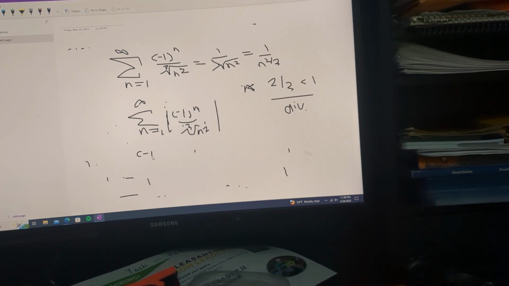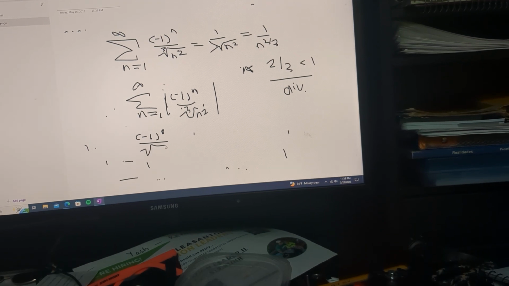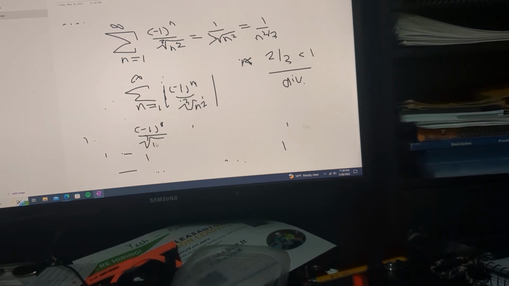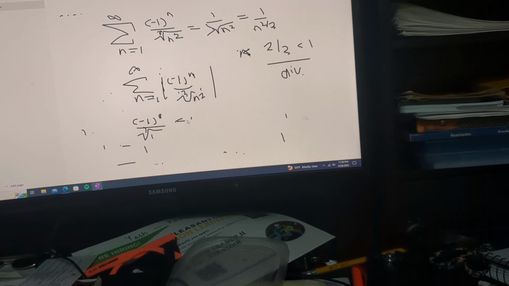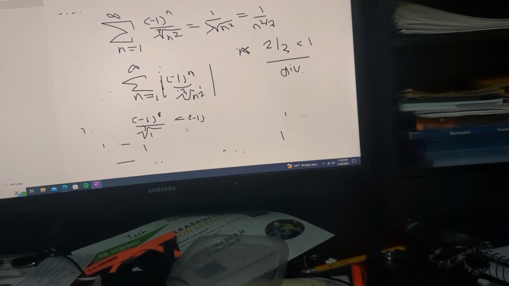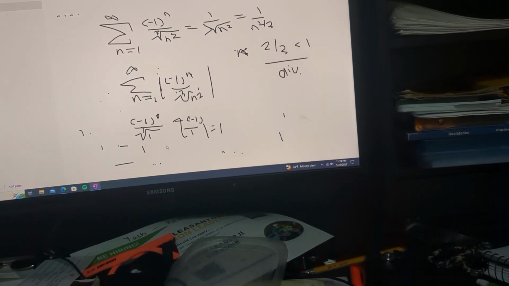So let's go -1 to the power of 1 over the cube root of 1, right? So what do we get? We get -1 over 1, and the absolute value of that is 1.